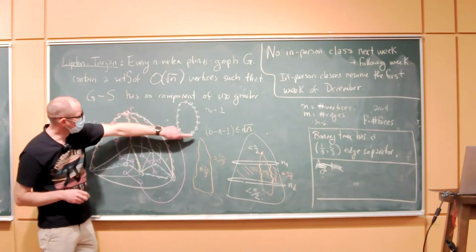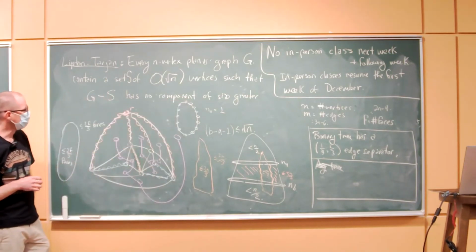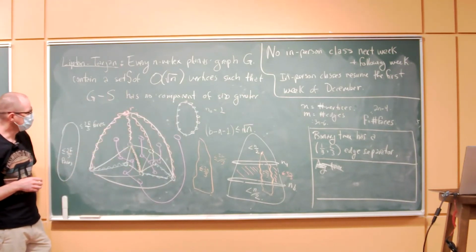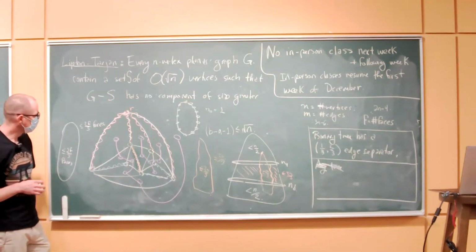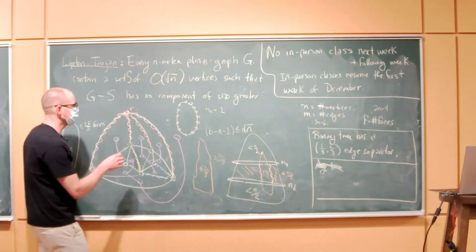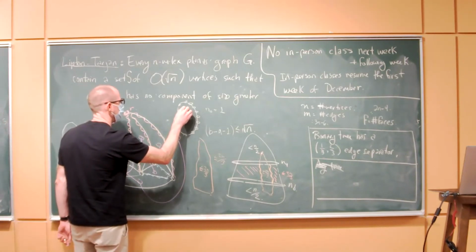The cycle has some length. I'm not worried about that. What I'm worried about is the stuff that's inside it, the number of vertices inside it. And I know that that is less than or equal to 2f over 3.